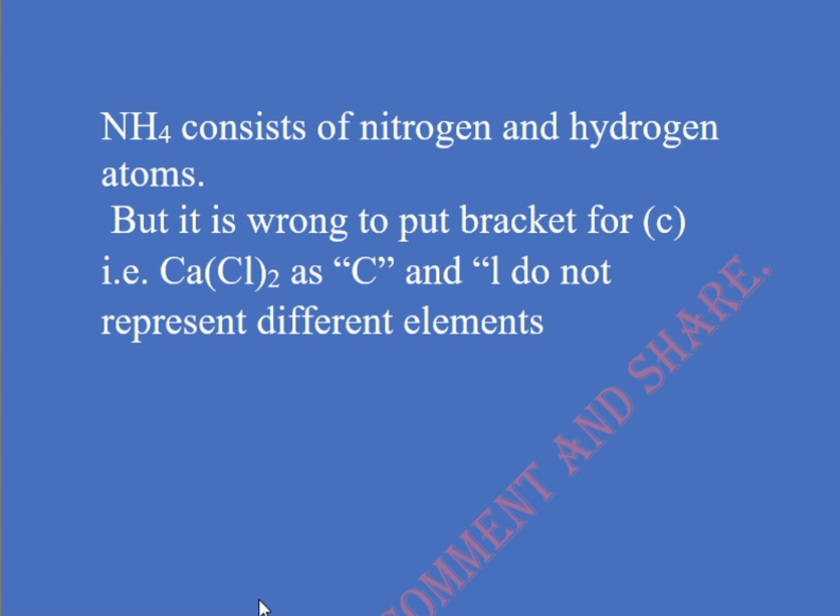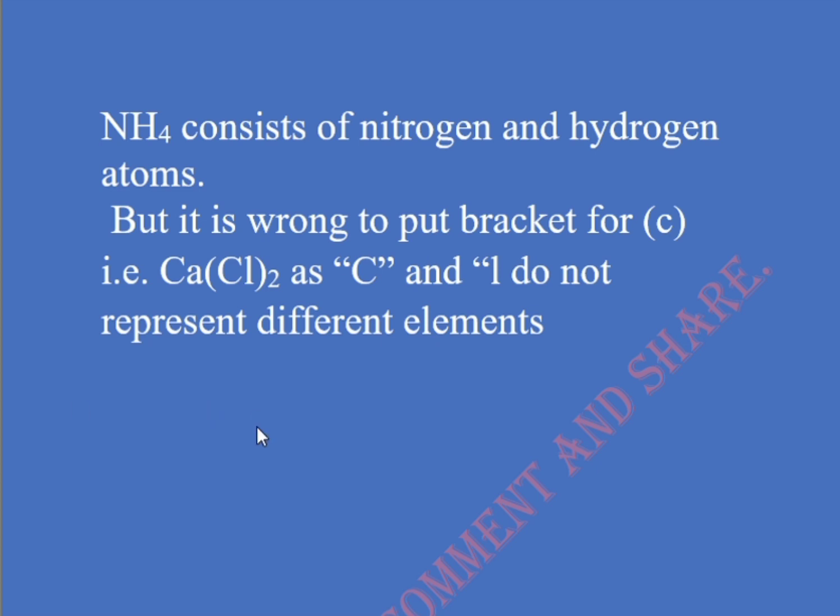But it is wrong to put brackets in example C, that is calcium chloride, as C and L do not represent different elements. Remember, in radicals, we have different elements that now are combining.